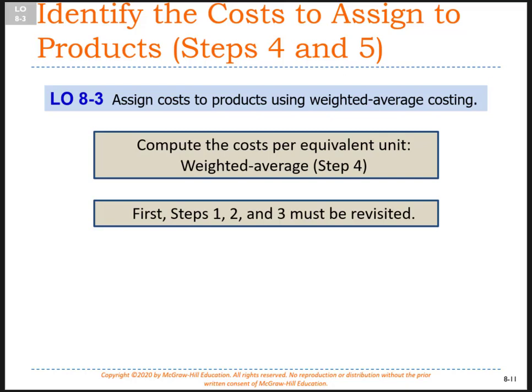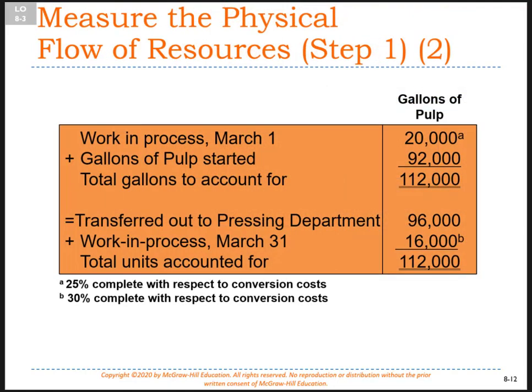So let's do it using the full 5 steps using the weighted average. Start again, remember we're talking about the shredding department. We started with 20, added 92. We have 112. So we need to make sure we know where 112 gallons of pulp went.